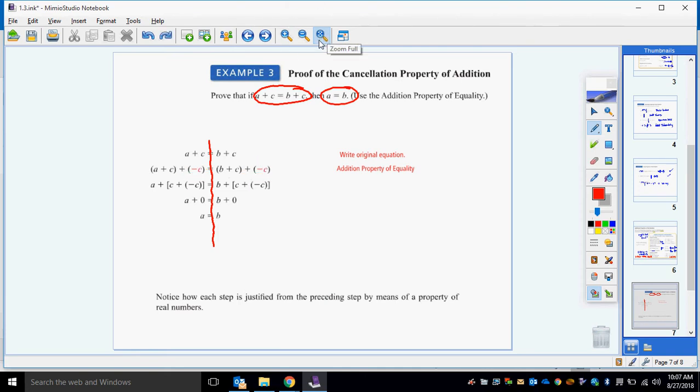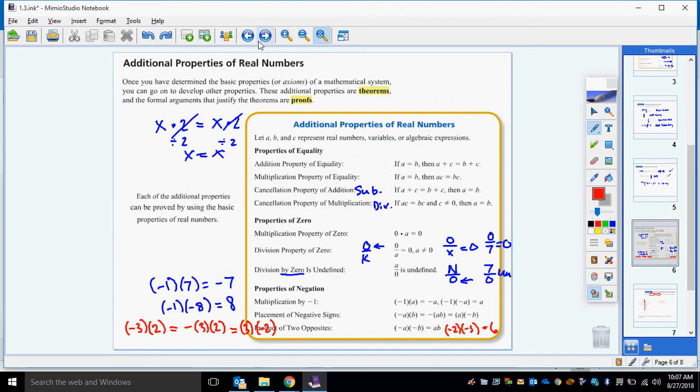What property is that called, where you can add the same thing on both sides? So I go back and look. We're adding, so it's not going to be any of those properties of 0. It's either going to be the addition property of equality or the cancellation property of addition. All right, so let's look at the example here.